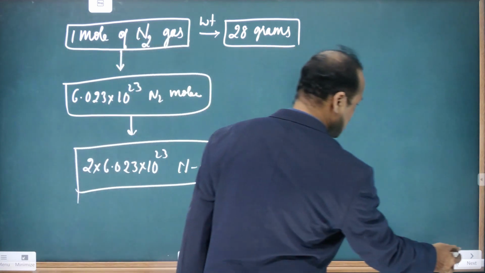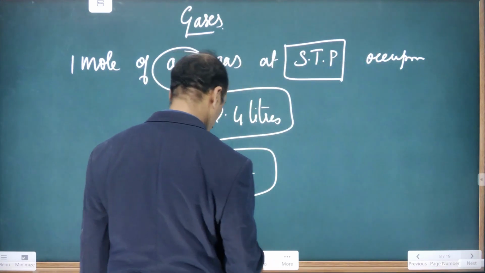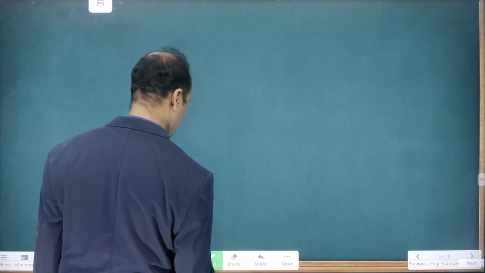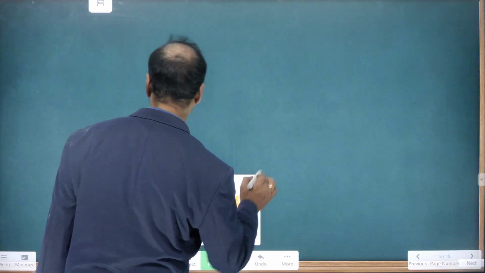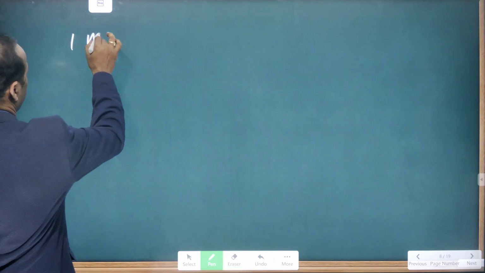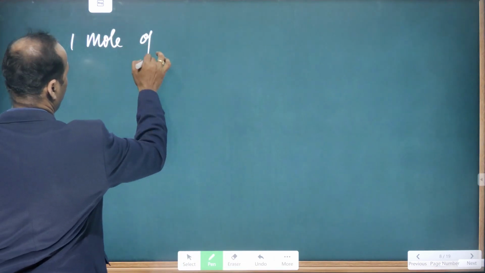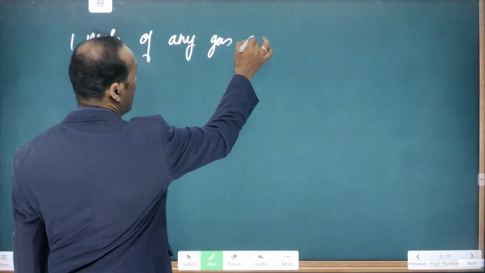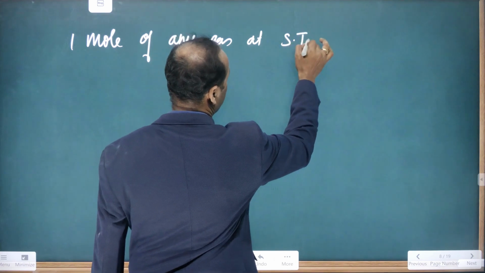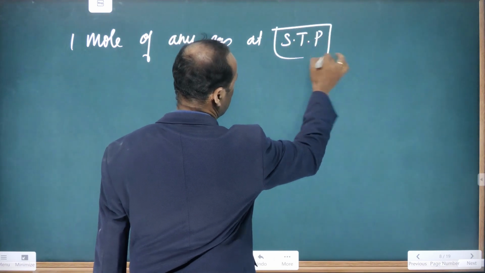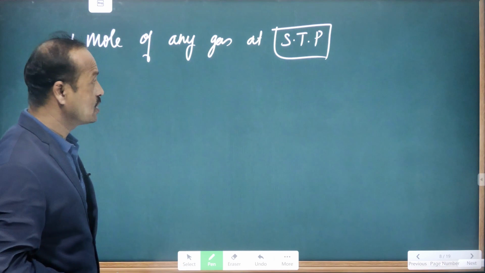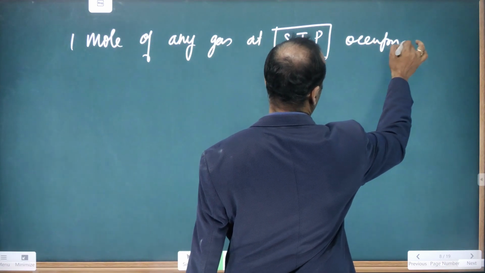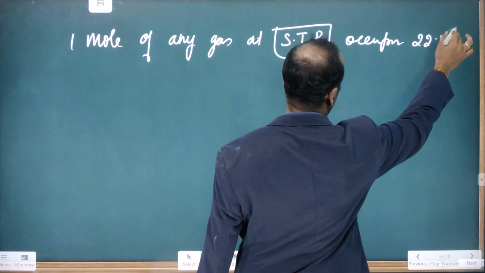So for that, listen here: 1 mole of any gas, remember, any gas at STP, standard temperature and pressure, occupies 22.4 liters.